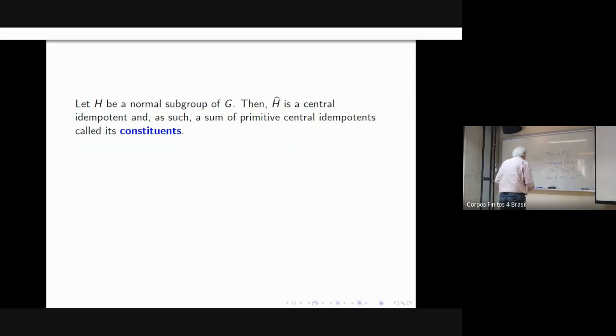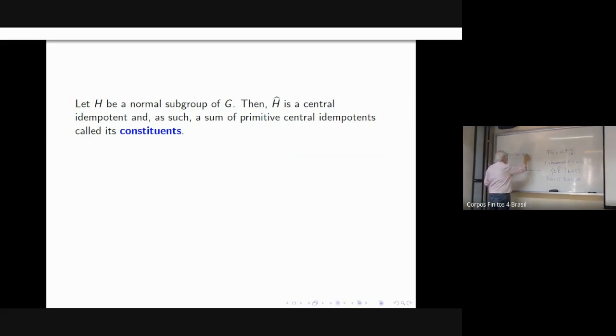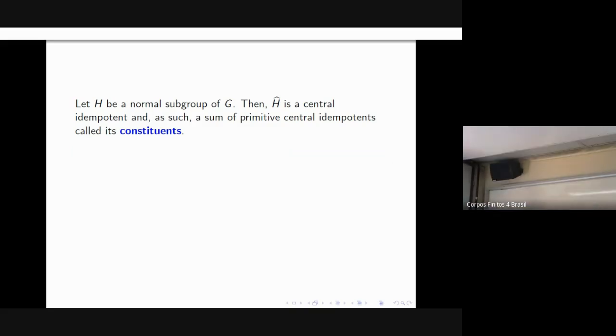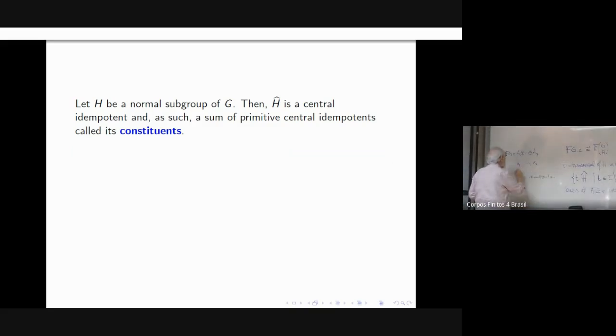When you have a group algebra, the group algebra is a direct sum of its minimal two-sided ideals. These are generated by some idempotents. These ones are called the primitive idempotents.